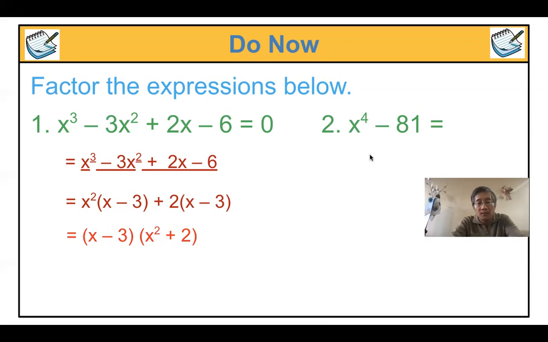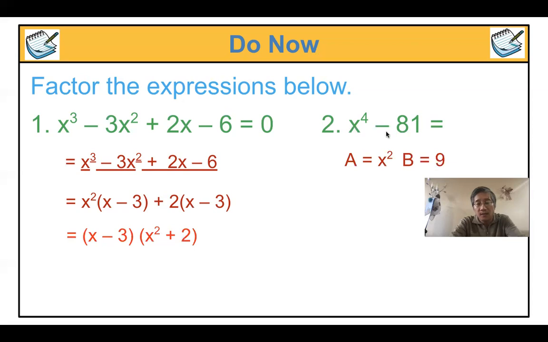You have x to the sixth power minus 81. 81 is 9 times 9, so 9 squared, right? In this case, x to the sixth power is x cubed squared. So we use the a squared minus b squared form, where a is x cubed and b is 9.